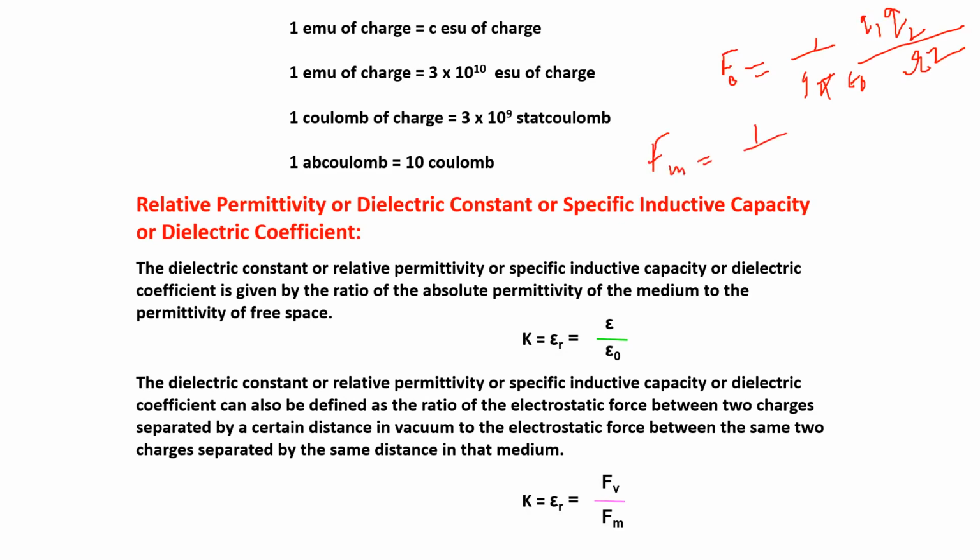When we divide these two, F naught upon Fm, we will get epsilon upon epsilon naught, and this is equal to K. It means Fm is equal to F naught by K.